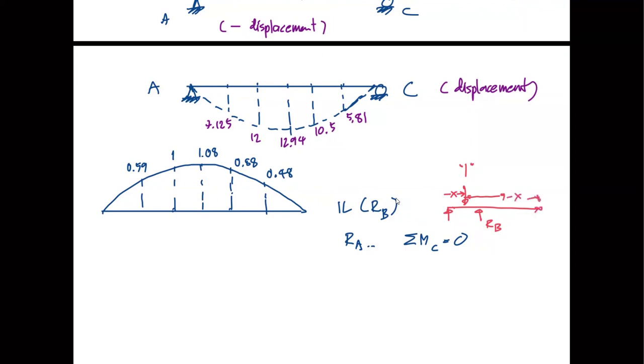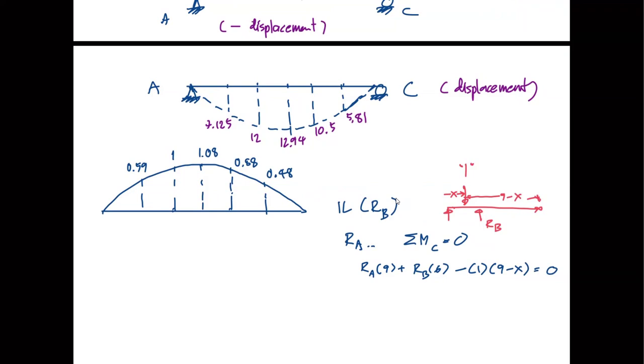We take moment at C. So RA multiplied by 9 plus RB multiplied by 6 minus unit load multiplied by 9 minus X equal to 0. That will be your equation.